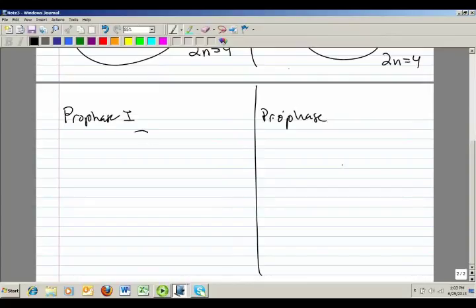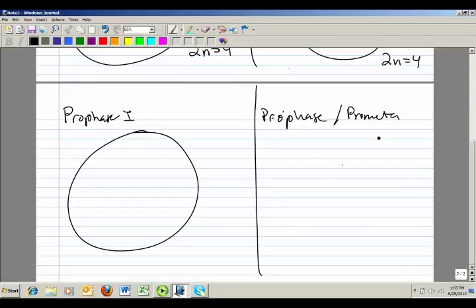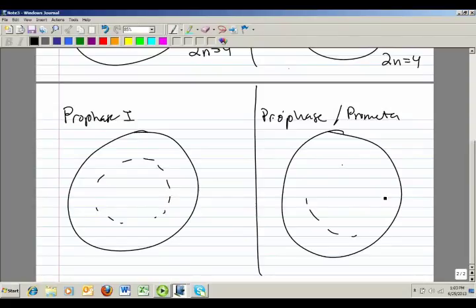So no numbers there. In prophase, and we'll call it prometaphase as well, because we're just going to compare these 2, the nuclear envelope starts to break up. We have our centrosomes that have moved.